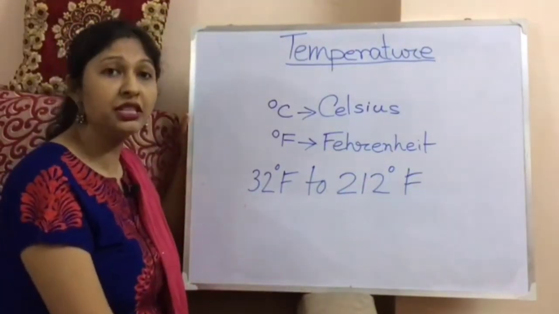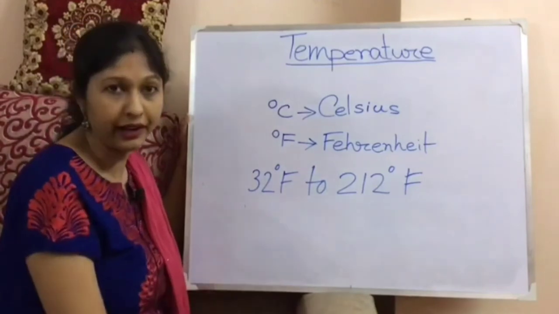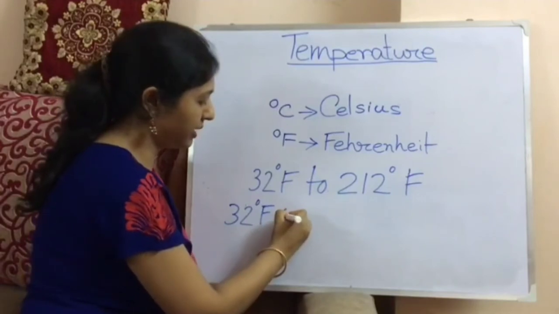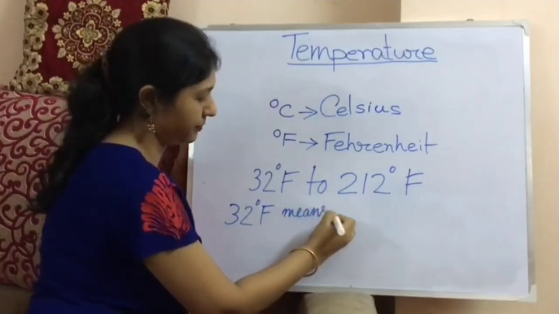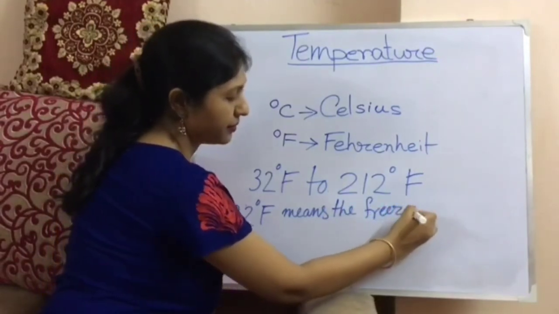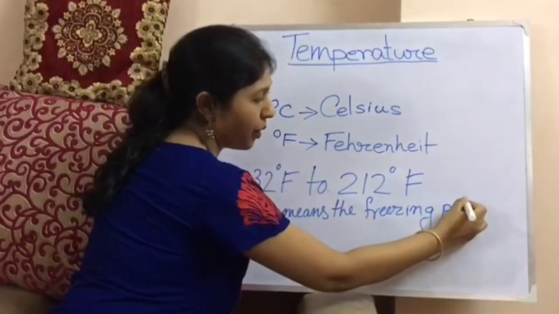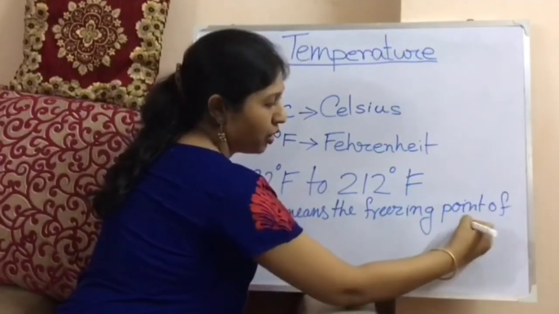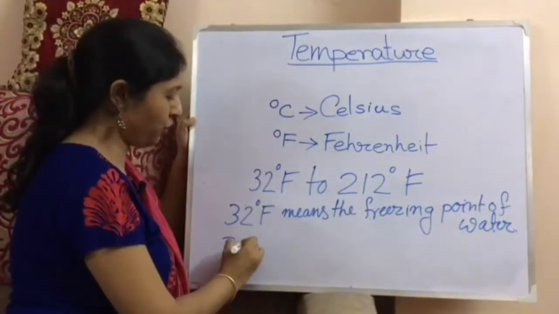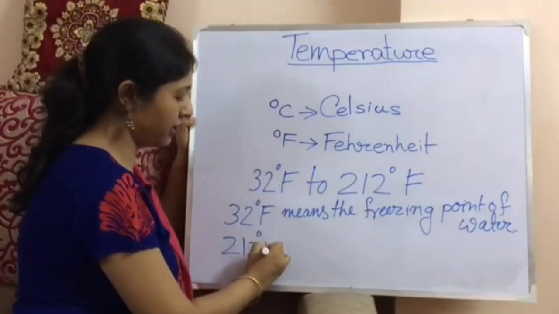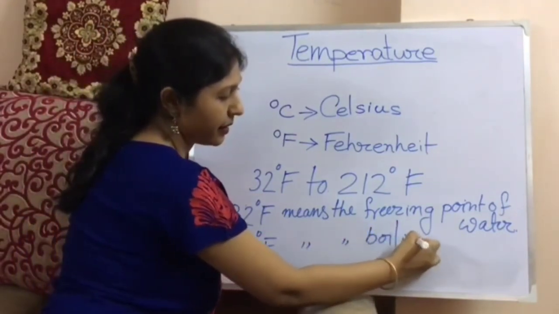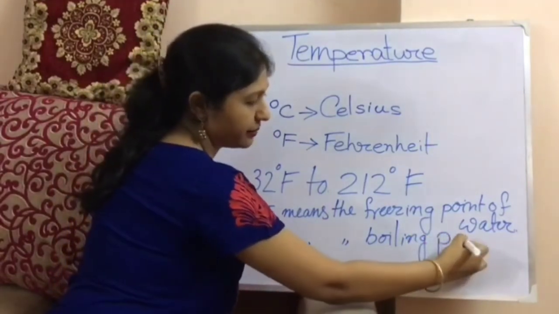So the question is, what is 32 degree Fahrenheit? 32 degree Fahrenheit means the freezing point of water, and 212 degree Fahrenheit means the boiling point of water.